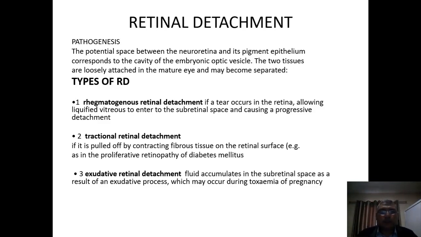Tractional retinal detachment, where there is fibrous tissue development inside the vitreous cavity, and this fibrous tissue contracts and pulls on the retina, as in proliferative diabetic retinopathy. Exudative retinal detachment occurs due to fluid accumulation in the subretinal space, and this usually occurs in inflammatory conditions as uveitis, and sometimes in cases like toxemia of pregnancy.